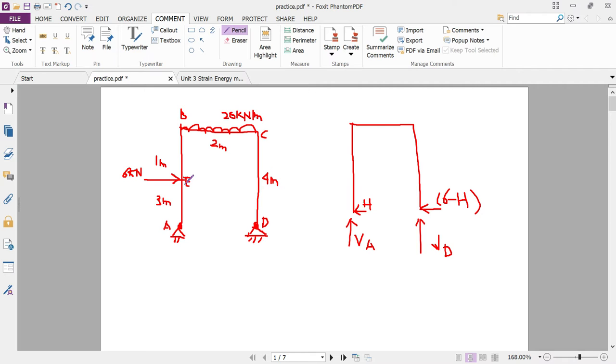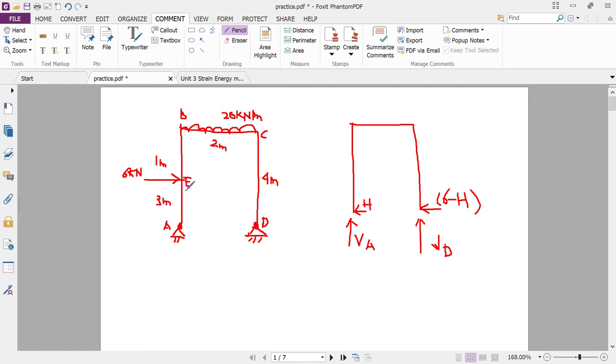As we have already seen in the last lecture, whenever a hinge support is there in the structure, it will be resolved into two parts: one is the vertical component and the second is the horizontal component. Here also, as supports A and D are hinge supports, each will resolve into vertical and horizontal parts.